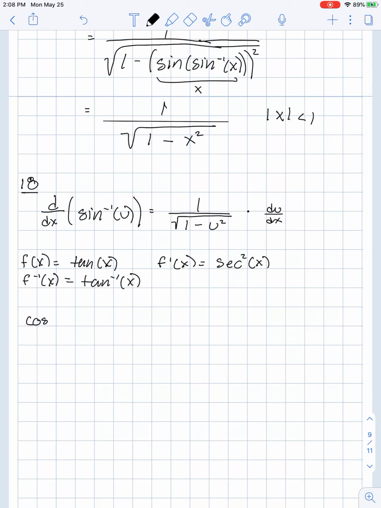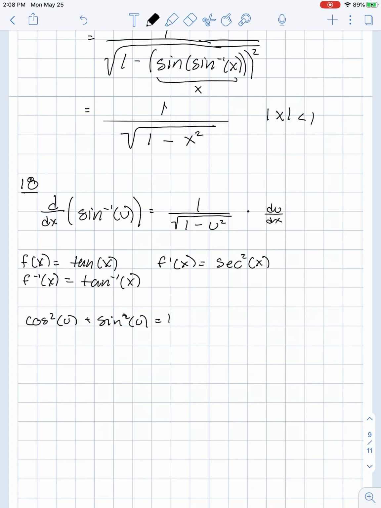So we had, I'd given you cosine squared u plus sine squared u equal to 1. There's actually 2 other Pythagorean identities, and I'm going to use the one where I get tangent and secant.